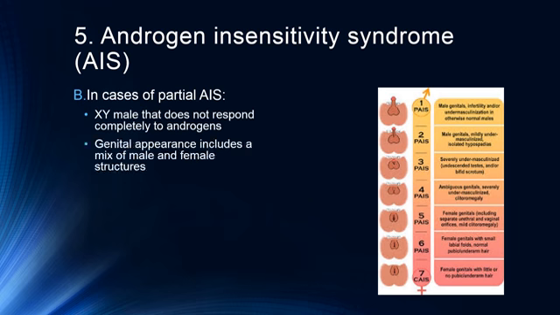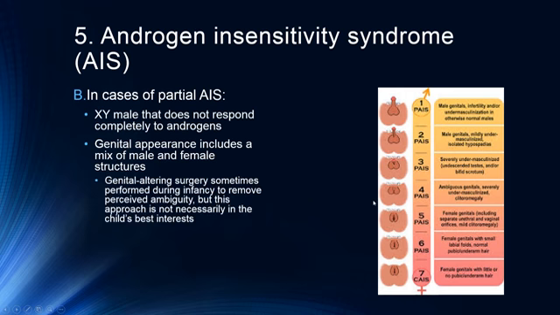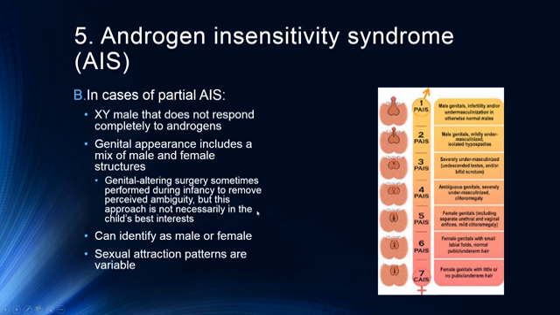The genital appearance includes a mix of male and female structures, depending on where you are in the spectrum. Genital altering surgery is sometimes performed during infancy to remove perceived ambiguity, but this approach is, again, not necessarily in the child's best interest because they can identify as male or female and their sexual attraction patterns are variable.